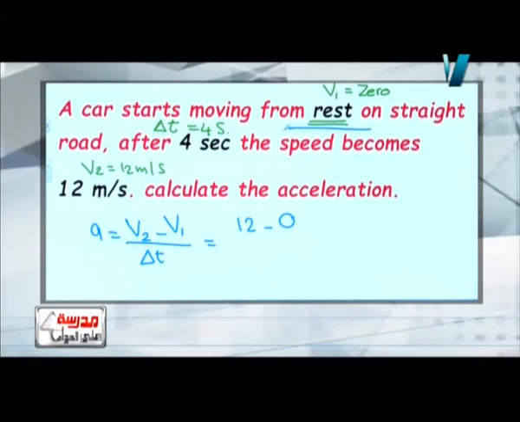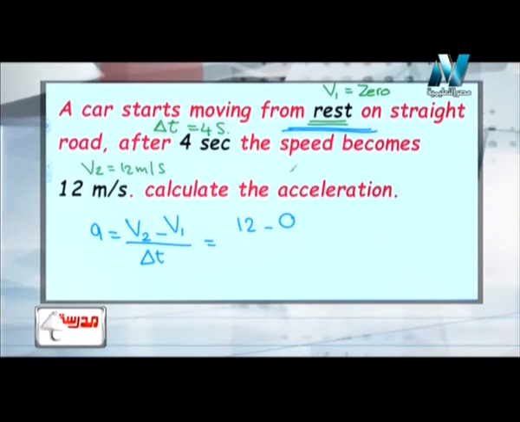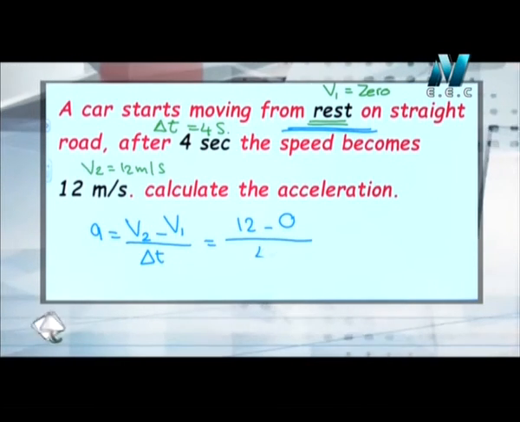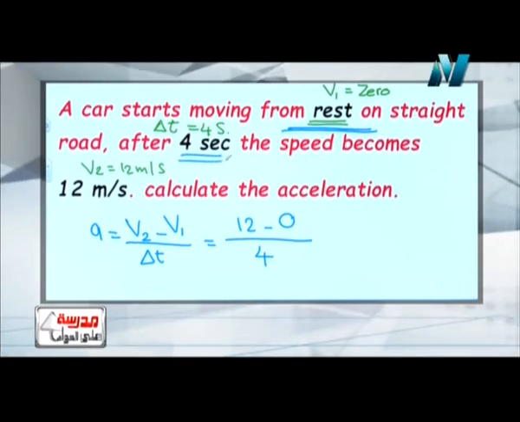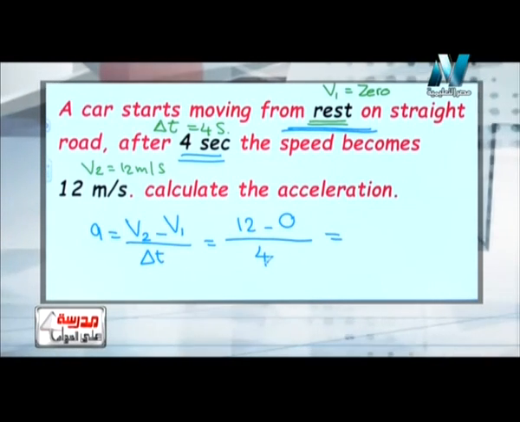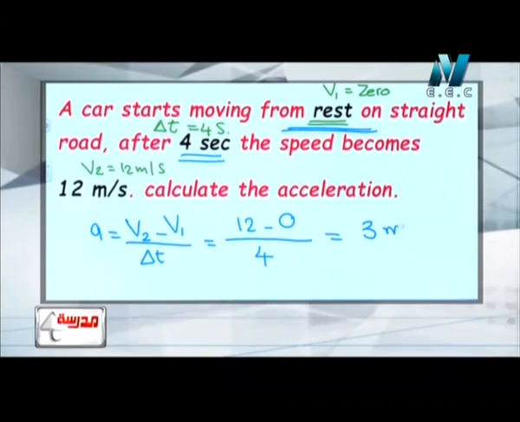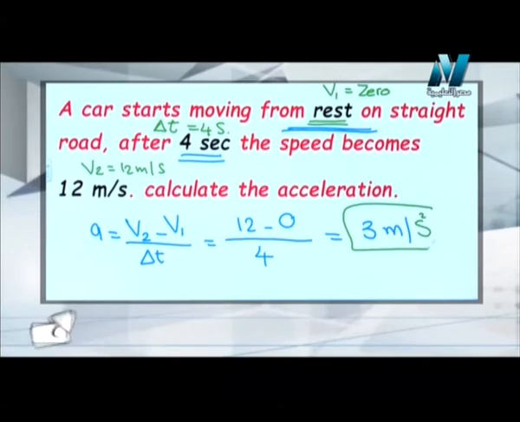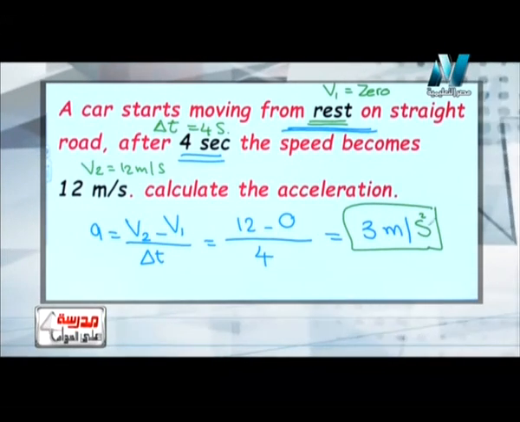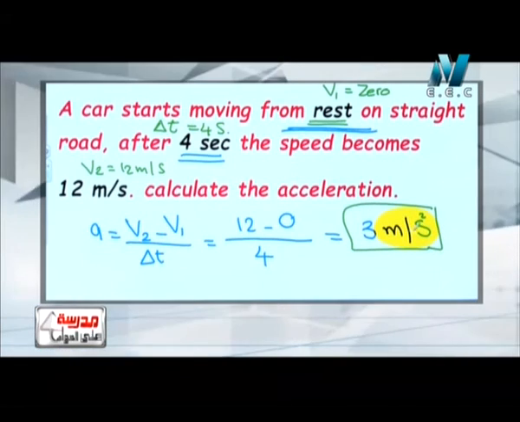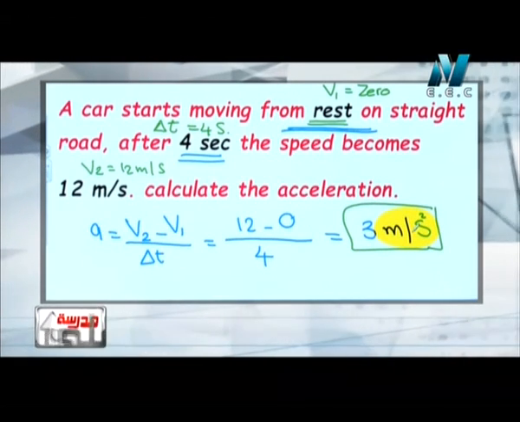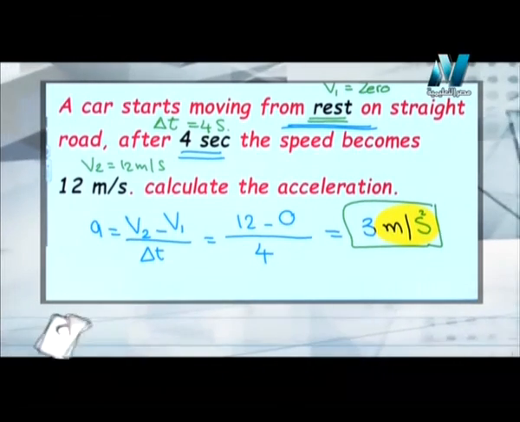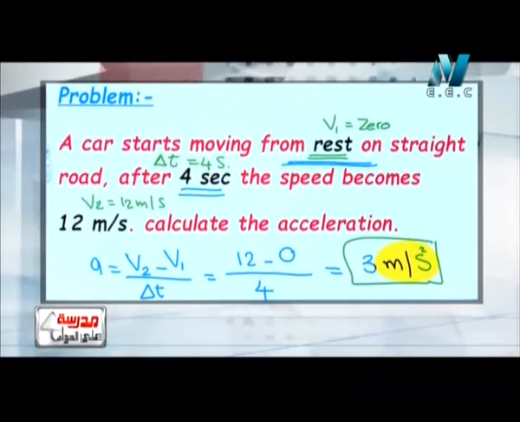Because the initial speed was zero, the body at rest, over delta T, 4 seconds, equals 12 over 4, equals 3 meter per second power 2, the measuring unit of acceleration. So we know now acceleration is the change in the object's speed as time passes, or in 1 second.